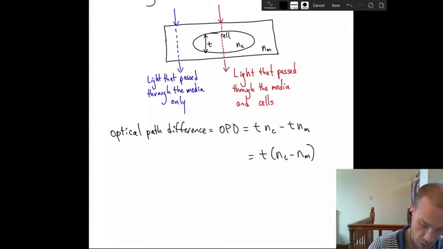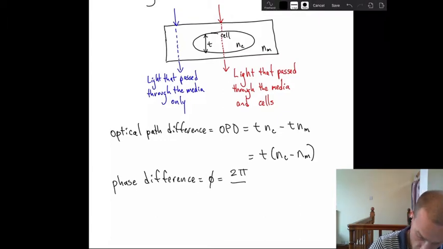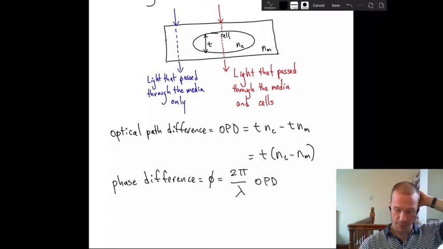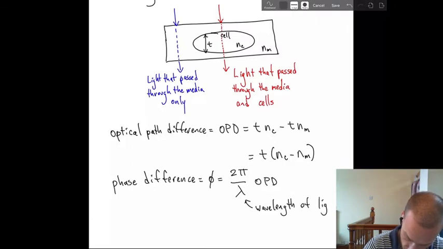So we need to consider the wavelength of the light which is passing through this object. So we're going to write down the phase difference. And again, this is going to be called phi. That's going to be simply 2 pi over lambda times the OPD we have in the previous line, where lambda is the wavelength of the light we're considering. And this is in radians.